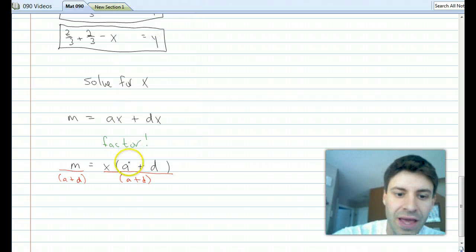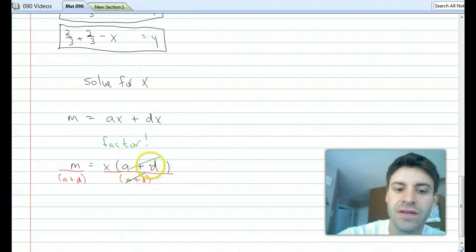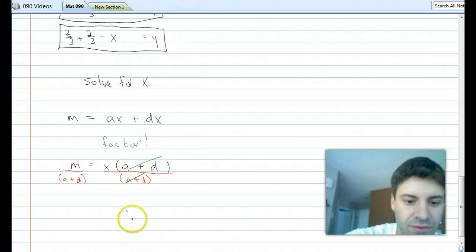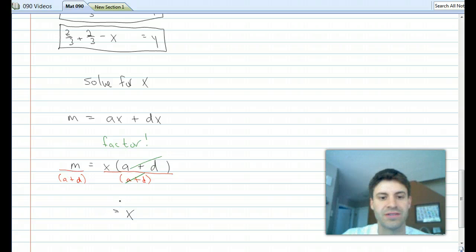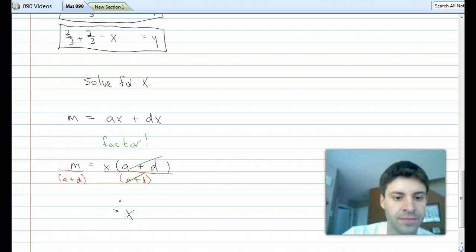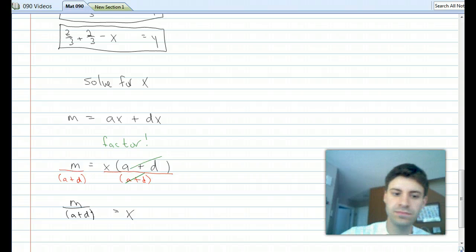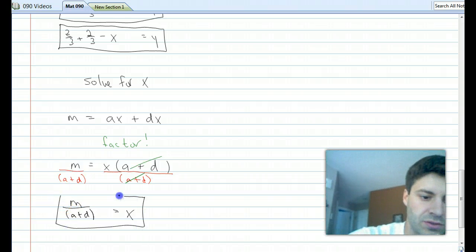When we do that, the a plus d on the right side of the equation in the numerator and the denominator cancel each other out, and you're just left with an x by itself on the right side. So we've solved for x. The left side is m divided by a plus d. And that is a perfectly good solution.